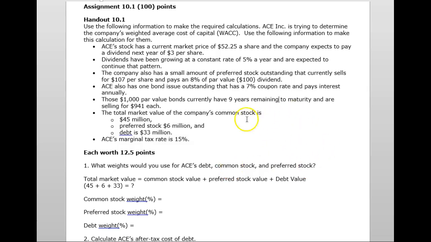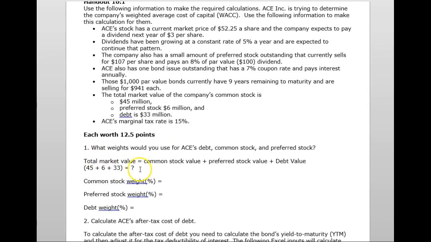Well, that's really easy, and they give you the information right here. See it? The total market value of the company's common stock is 45 million. Preferred stock is 6. And the debt, right here, is worth 33. So if you add those together, you're going to come up with $84 million.